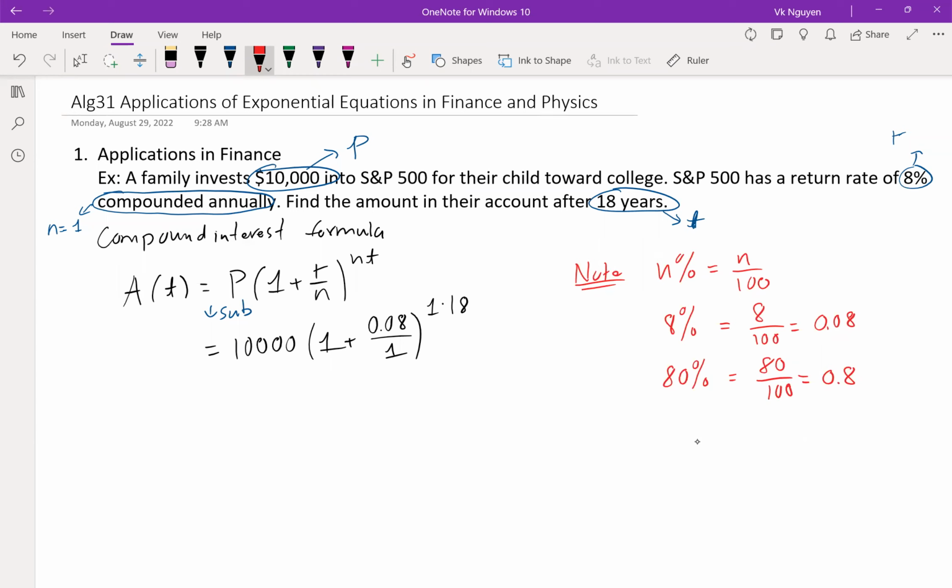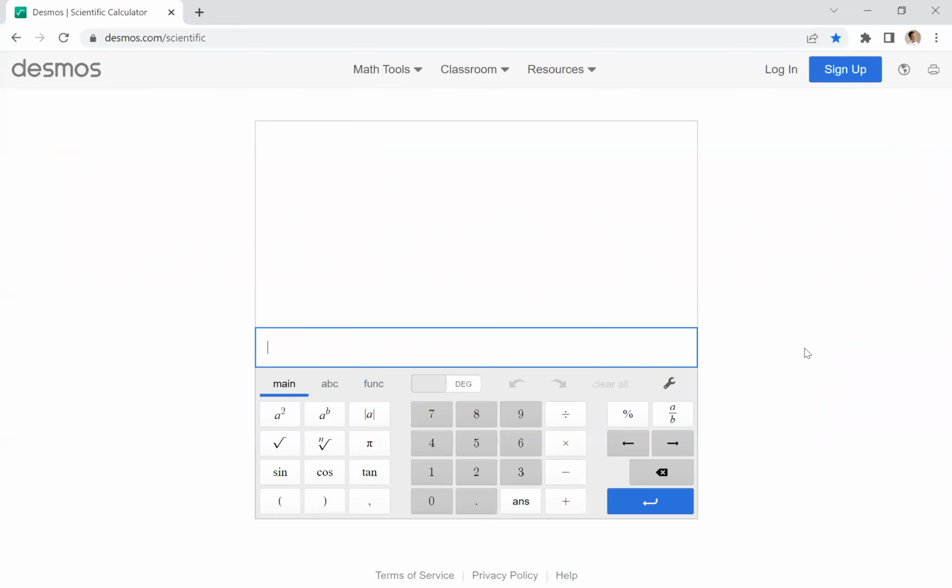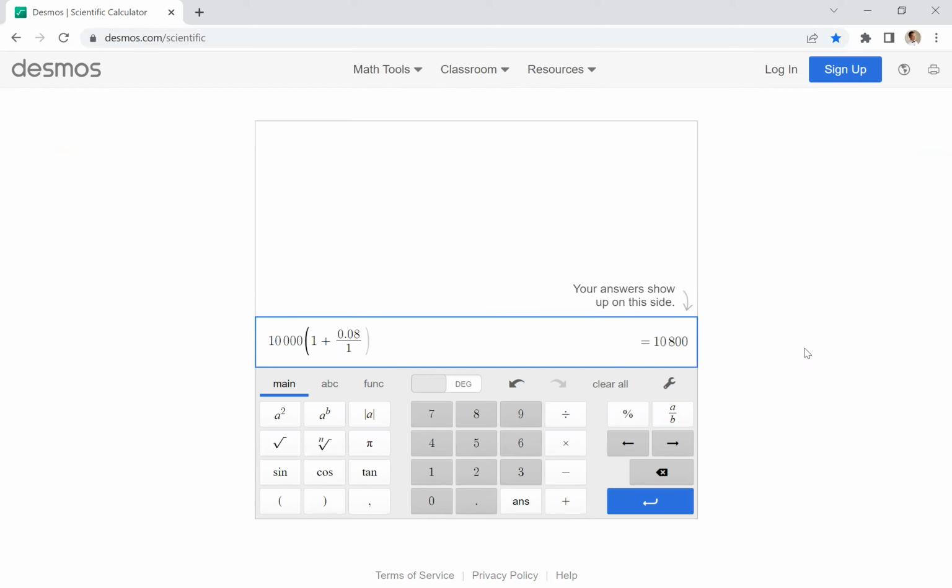You can just plug this in the calculator. This is the calculator that I want to show you, a scientific calculator. Let's plug it in. 10,000, 1 plus 0.08 over 1. Pretty cool, huh? To the power 1 times 18.